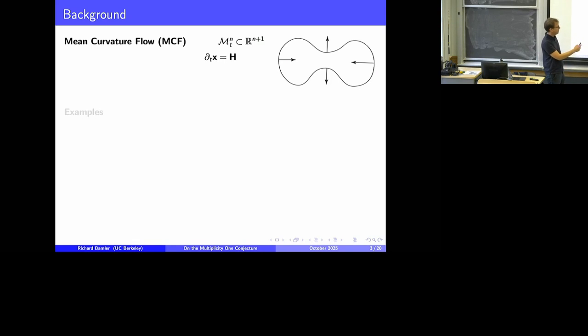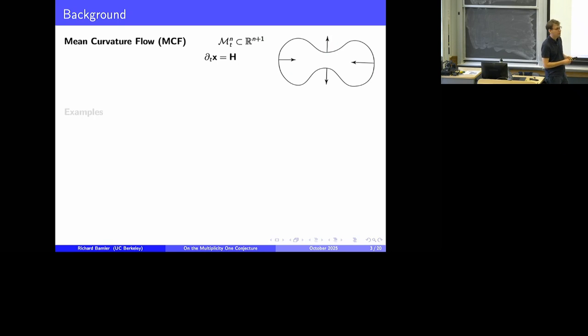The simplest possible case that you can imagine is the one-dimensional case, where the hypersurface is just a curve in the Euclidean plane.